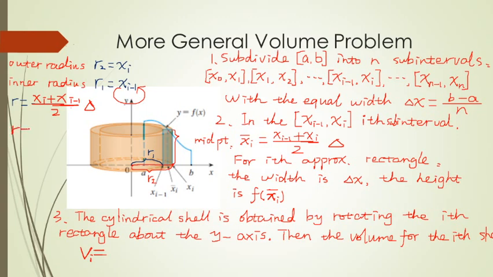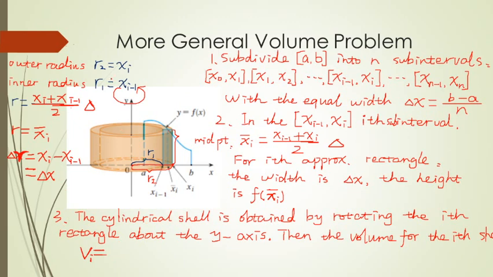So my R actually is xi bar, right? And delta R, sorry, delta R we called will be the difference, the outer radius minus the inner radius. So actually the delta R is the width of the ith interval, and all the widths will be the same, which is delta x.